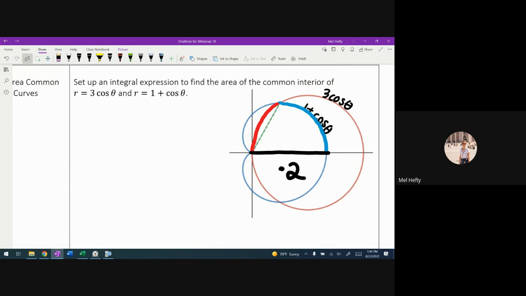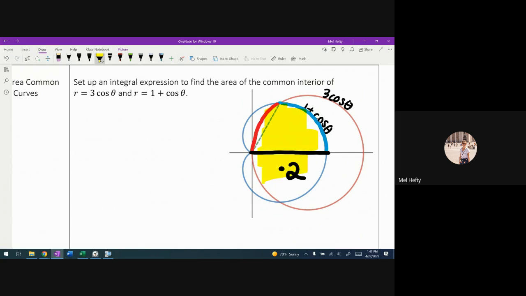This little piece has everything to do with the red curve and nothing to do with the blue curve. So we're going to split this into two integrals, one that has to do with blue and one that has to do with red. Because of what we talked about with the common interior.